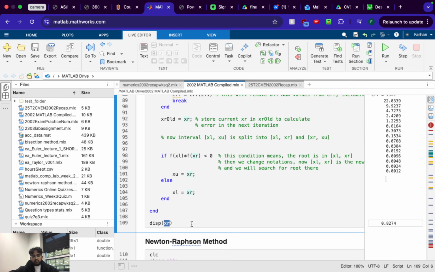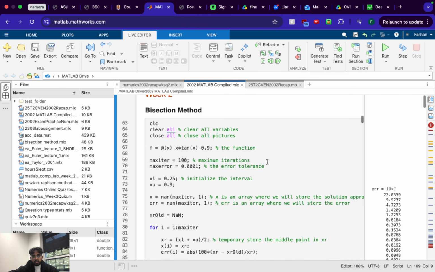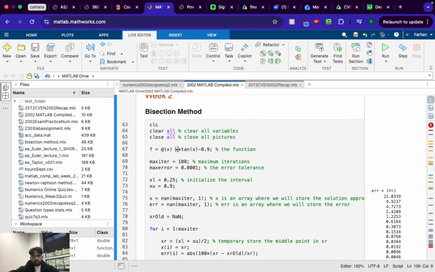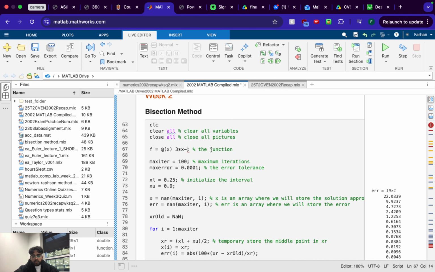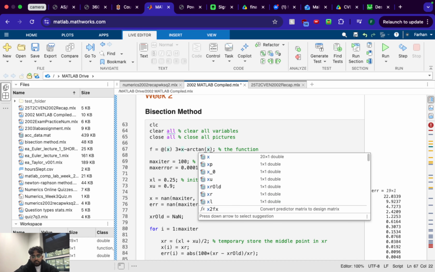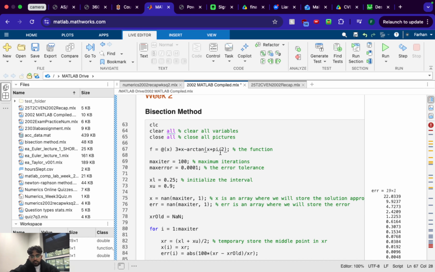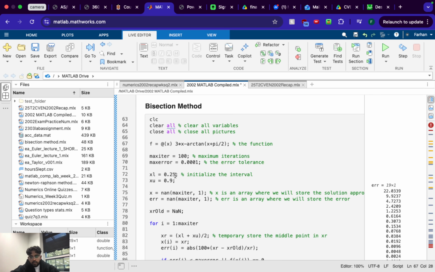Display xi. So essentially over here, let's say, someone give me another function, some stupid function. 3x minus arctan x plus pi on 2. Hopefully that works.